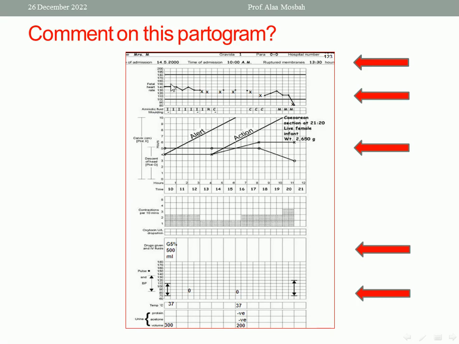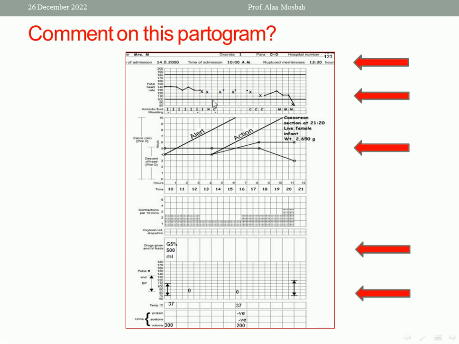So here in this case the fetal heart rate ranges between these two lines, so it is nearly within the normal at the start, at a range of 140, then becomes 120, then lower down below the line.